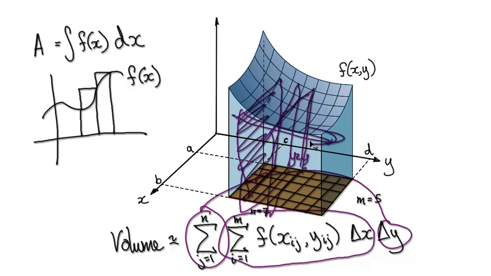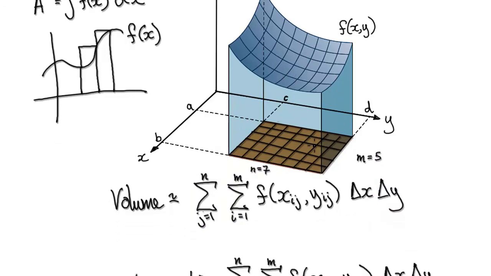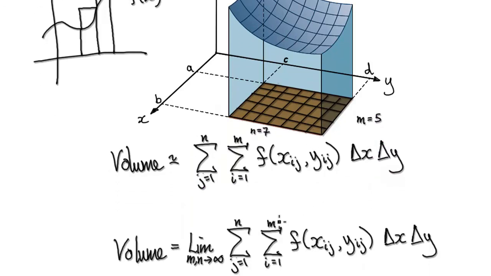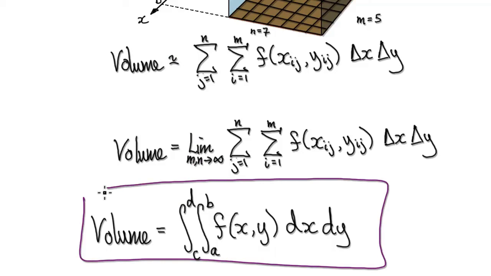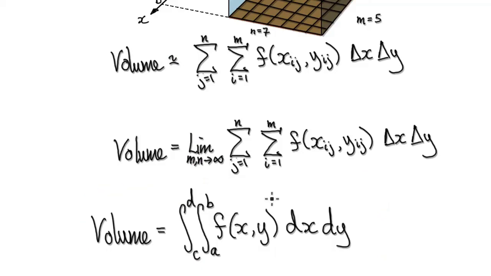I hope you can follow that. So when m and n head towards infinity, meaning each strip gets thinner and thinner, it will eventually become the true volume. So this is just an approximation. Take the limit, and then it will give you the whole volume here. Okay. I hope you can follow that.